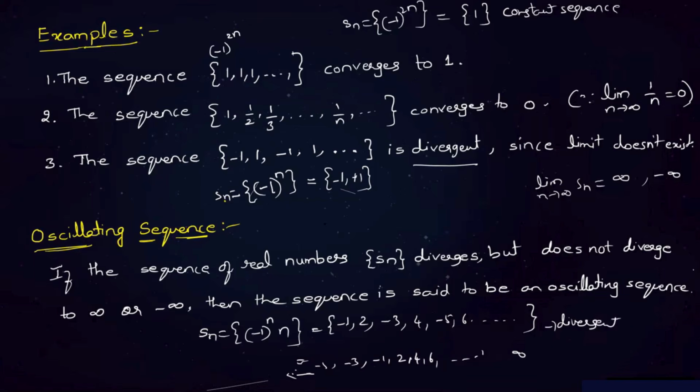To be oscillatory, remember, we must have two finite numbers, 2 or 3 finite numbers, not a problem. When n approaches infinity, if all the numbers of the sequence are approaching 2 or 3 different finite numbers, then we say that is a finite oscillatory sequence. But in this case, on both sides, the sequence is diverging. It is going towards both plus infinity as well as minus infinity. So it is simply a divergent sequence, right?